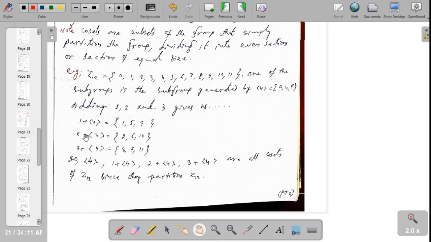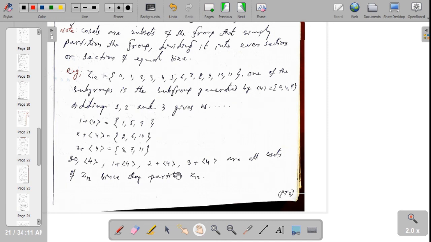Similarly for 2 and 3. These are the cosets, because these sets are disjoint, and the union of these sets will give you Z12. 0, 1, 2, 3, 4, 5, 6, 7, 8, 9, 10, 11. All the elements of Z12 are given by the union of these four cosets.